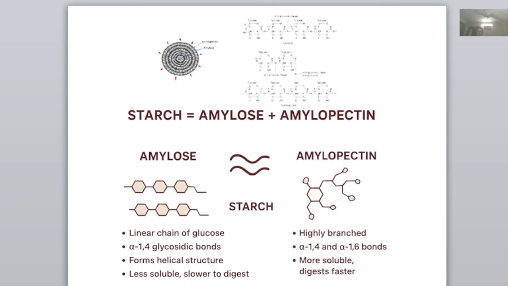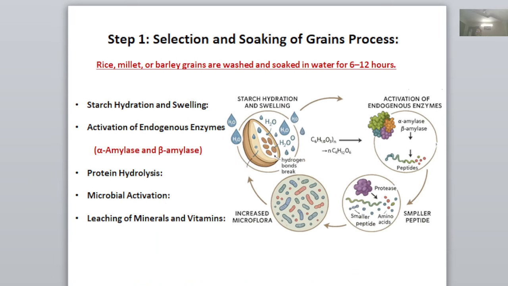So the first step is the selection and soaking of grains. So I'm saying we are taking rice, millets, barley grains. हम normally चावल, बाजरा इनको dip कर रहे हैं and soaking it in water for 6 to 12 hours.